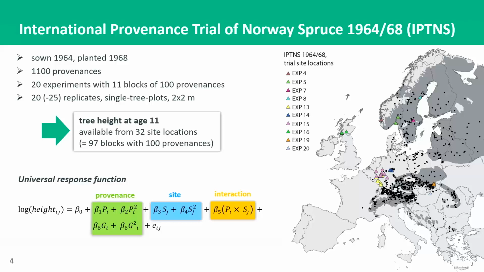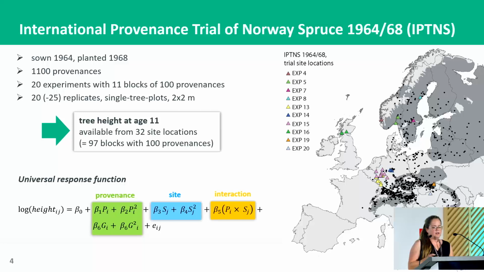With the analysis I show now, we concentrate on tree height at age 11, because it's actually very difficult to assemble a data set from these large series where you get a good coverage across the area, but also where you have the same age at which the trees were measured. And this is necessary for this analysis.